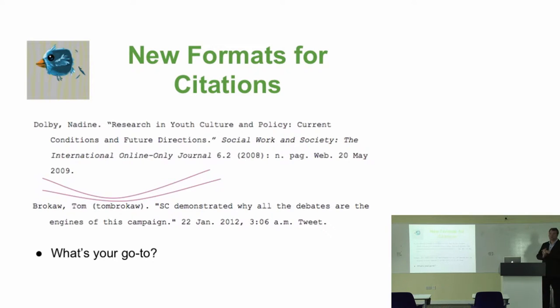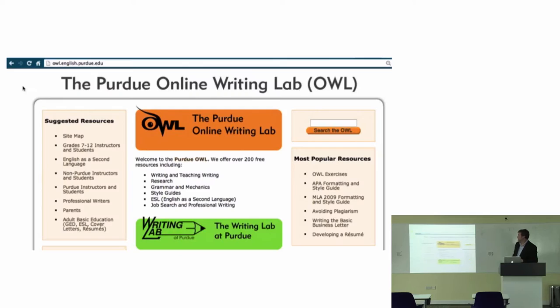Okay. There are a lot of variations on this information and lots of other media that you might want to consult. I'm happy, of course, to answer as many questions about this as I can, but sometimes it's easier for you to do some research on your own. So what's your go-to for these kinds of questions?